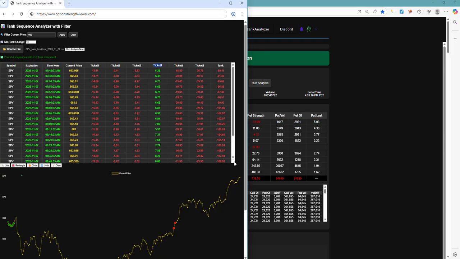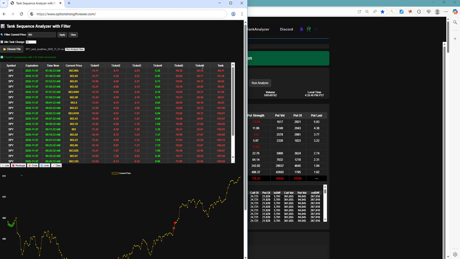So it's saying, hey, between calls and puts, the strength is growing for out of the money calls. And it's growing by a lot. You see this 1 hour later, we're at 866. All right, let's recap. We have the tank that's increasing strength in puts, and we're testing to see if the tickets support the tank's direction.